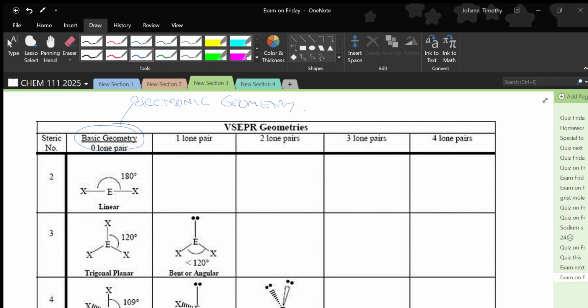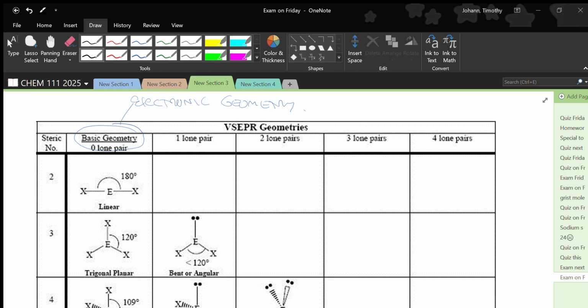So here your electronic geometry is I have 3 things around my center atom, and so the electronic geometry is trigonal planar. That might actually be my molecular geometry as well, because if those are 3 atoms, that's what the shape of the molecule is going to look like. But if one of those things is a lone pair, now you get a bent. Does that make sense?